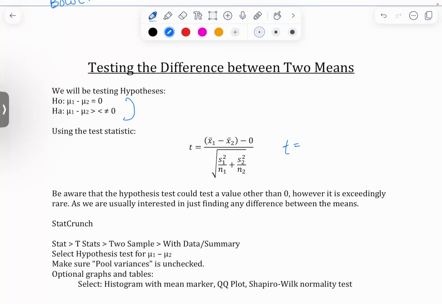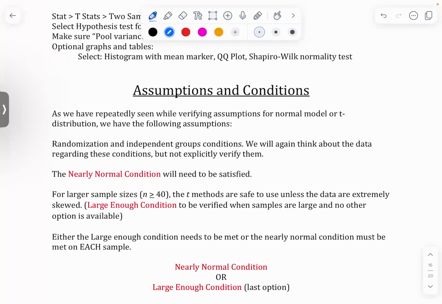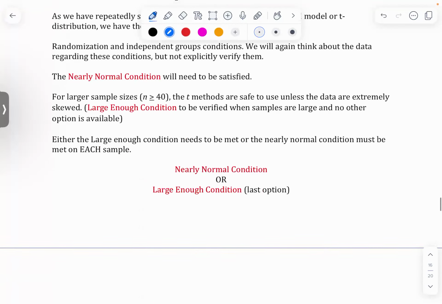Again, yet another, this has got to be the 500th version of this formula, but it is still observation minus the mean divided by standard deviation equals T, okay? Equals T or equals Z, all right? The details are different, but the concept is the same. Our conditions, everything relies on the nearly normal condition, and then last, worst case scenario, all right, you have the large enough condition.